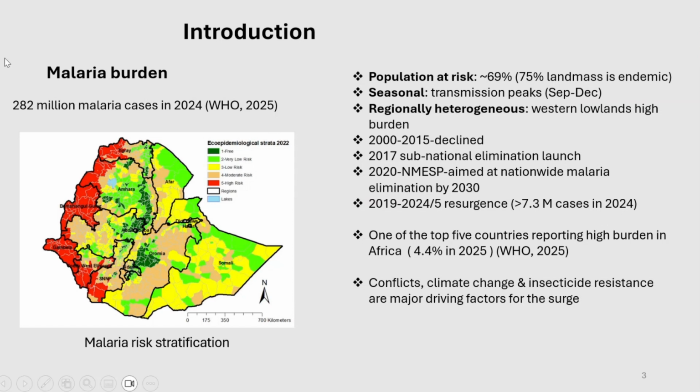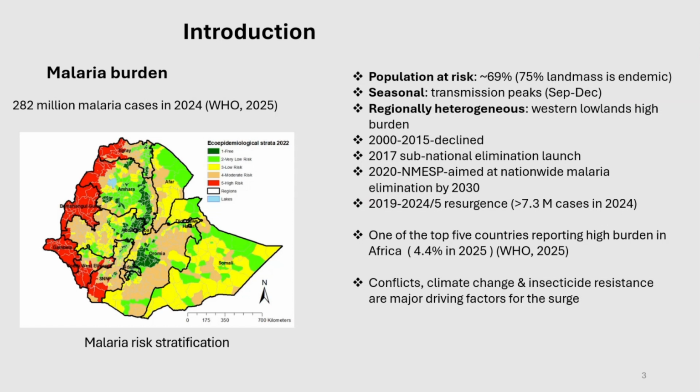When we look at the burden of malaria in Ethiopia, about 75% of the landmass is malarious, where 69% of the population live in malaria risk areas. Also, malaria is seasonal in Ethiopia: there are two transmission peaks, one major peak from September to December, and another minor peak from April to June.